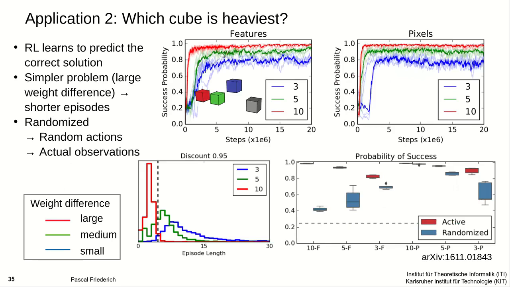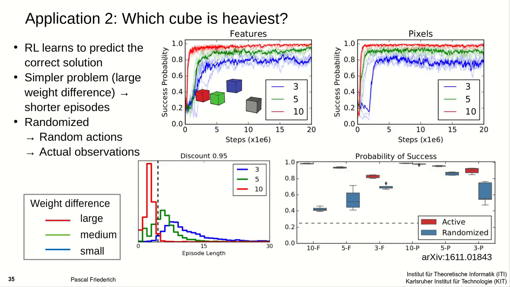What we see here is a plot. We see here three different scenarios. The blue one has a very small weight difference, so it's the hardest problem. The green one has a medium weight difference, and red has a large difference in weight, which means that's the easiest problem. And now we look at what is the success probability that the reinforcement learning algorithm predicts the correct answer.